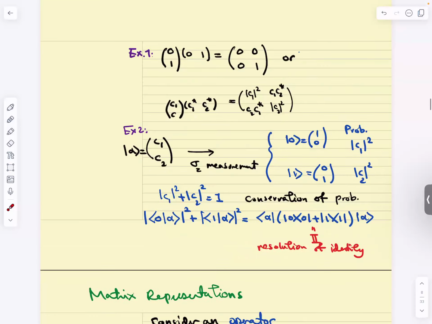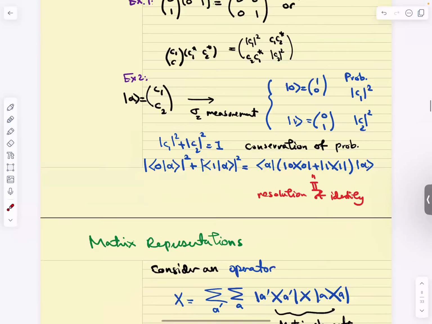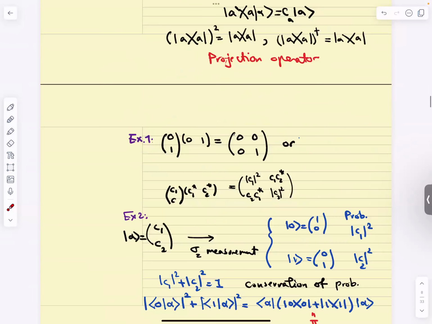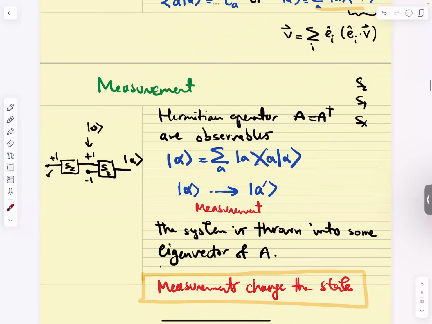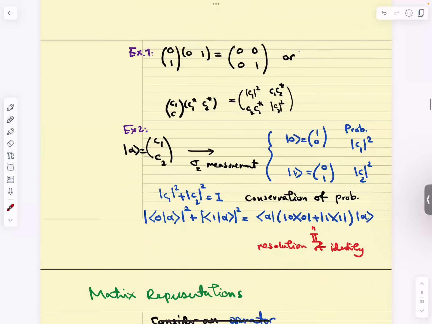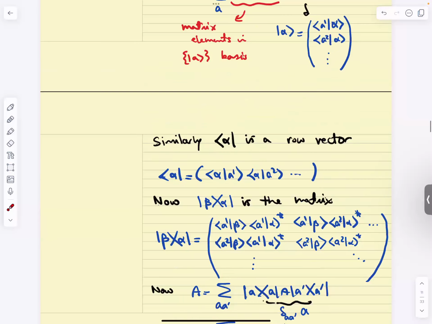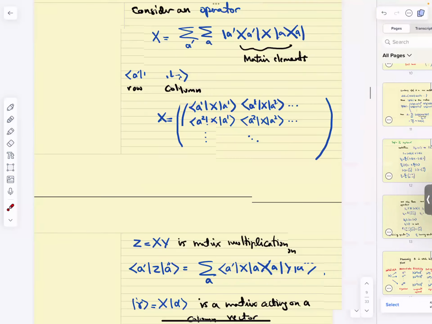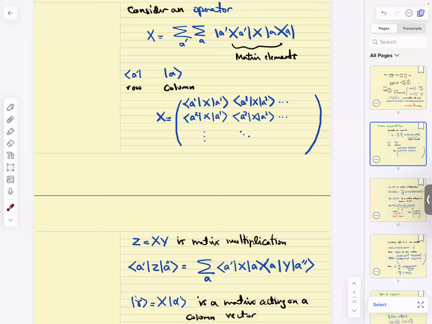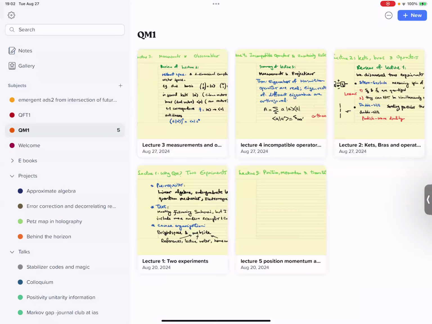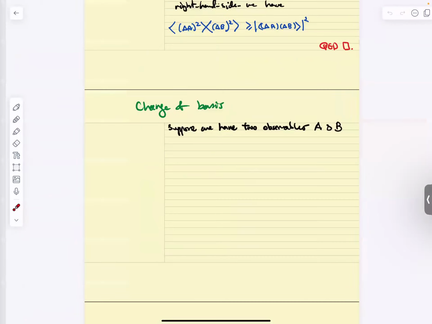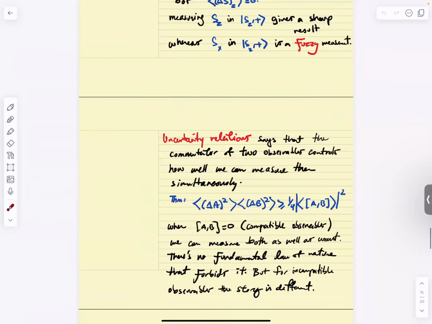So now, actually, let me jump. Oops. Sorry. I'm missing. One second. I think I moved a slide accidentally. I moved one of my slides by accident.